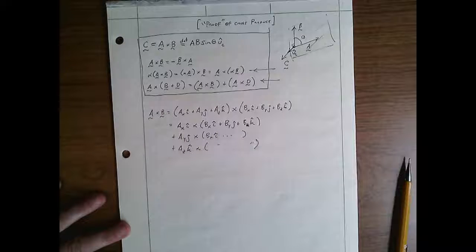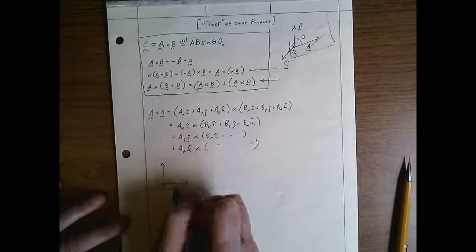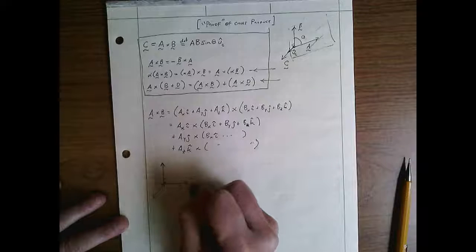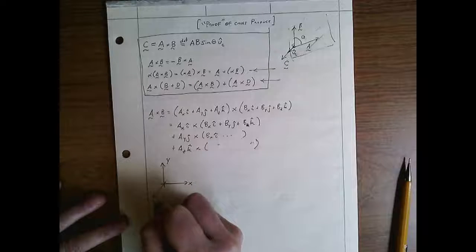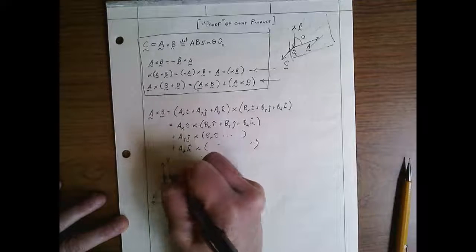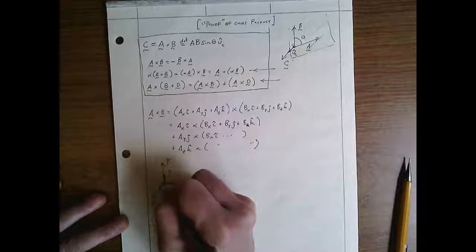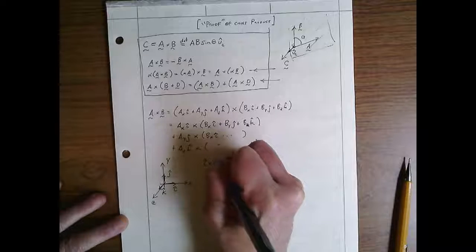So what are those? Okay, so I'm going to draw my axes here. This is X, Y, Z. So this here is I, J, K. So let's start with I hat cross I hat.